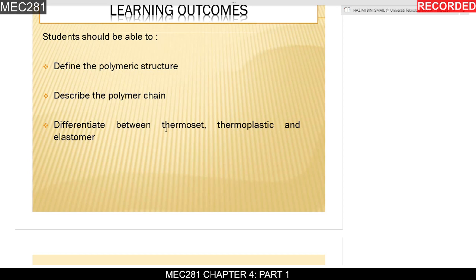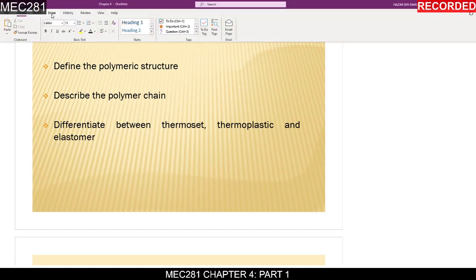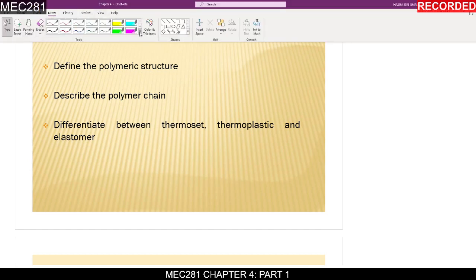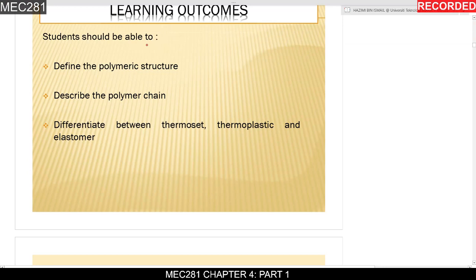I want to switch on my tablet to write down the first term, second term, and the third term about the polymers.